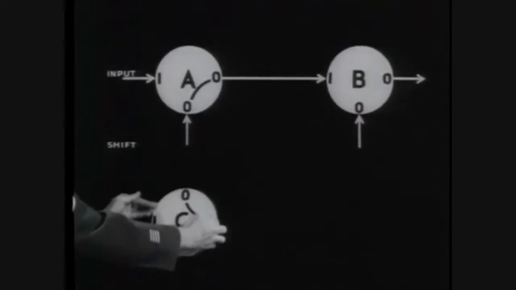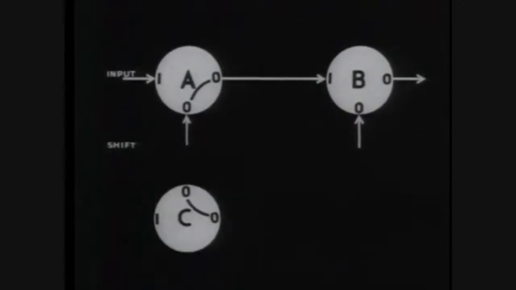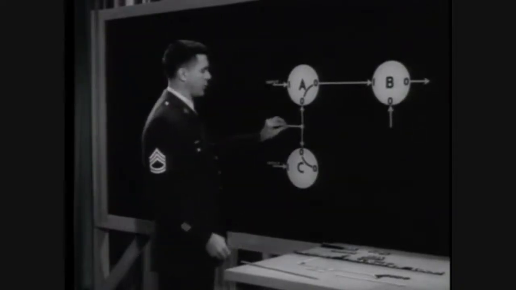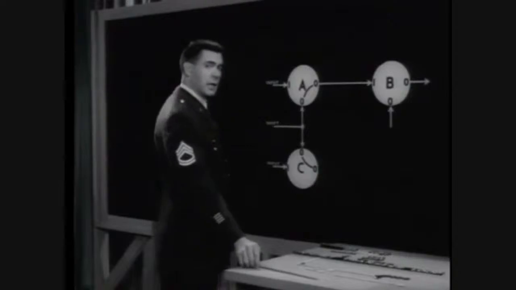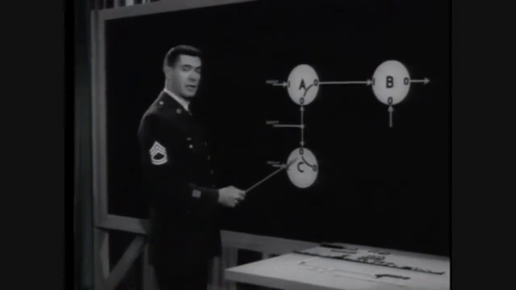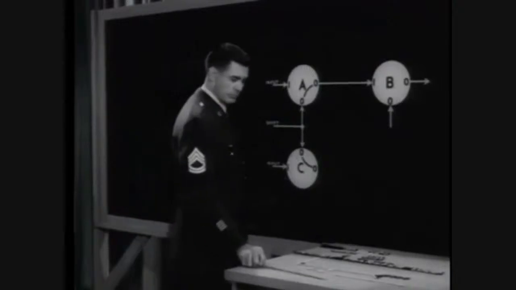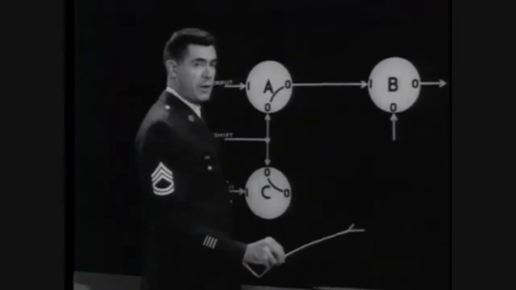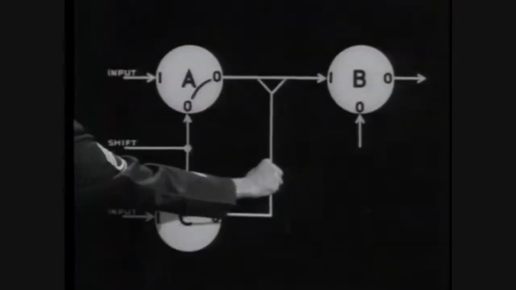But we'll be using 3 cores. The third core, C, has its own non-dot input, and it shares the shift pulse with core A. If core C is at 1, the shift pulse will clear it back to 0. And the change in flux will, of course, produce an output.